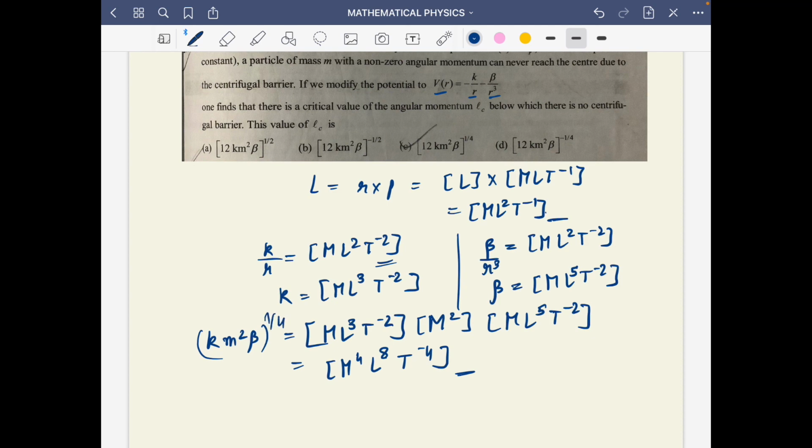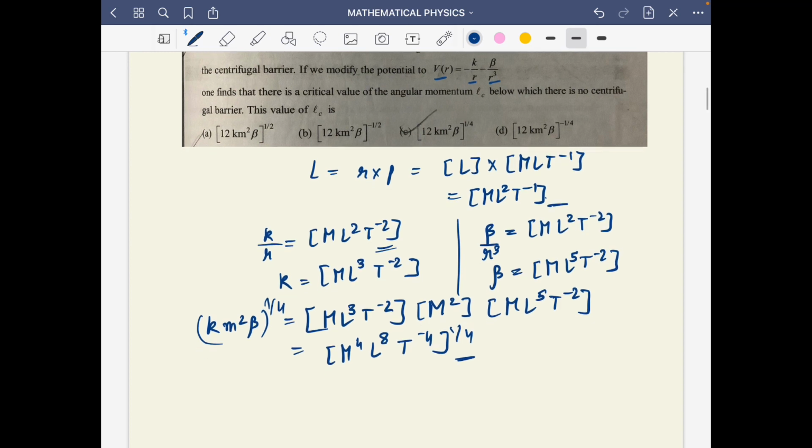Whatever option has 1 by 4 as its power is the correct option for the angular momentum. So we have done this by eliminating the options. Here is the answer.